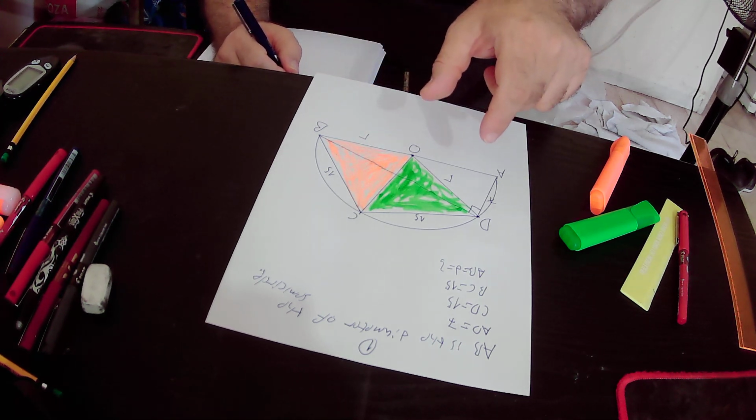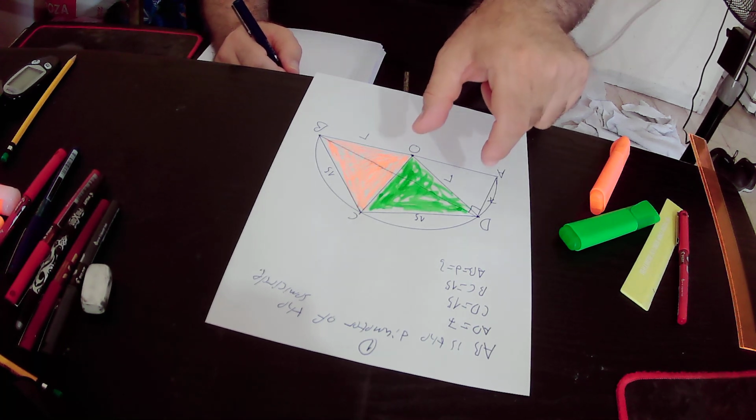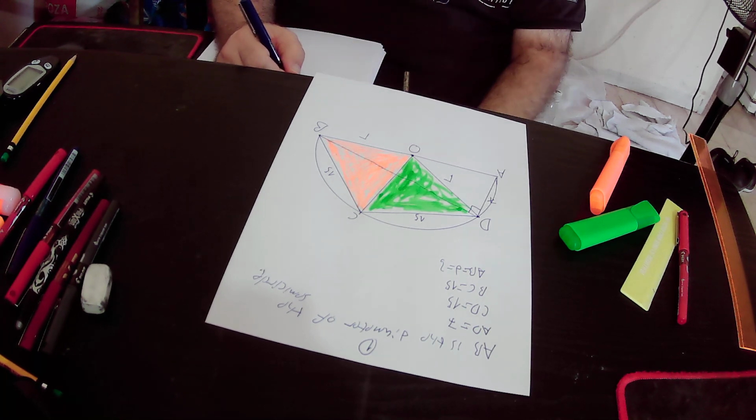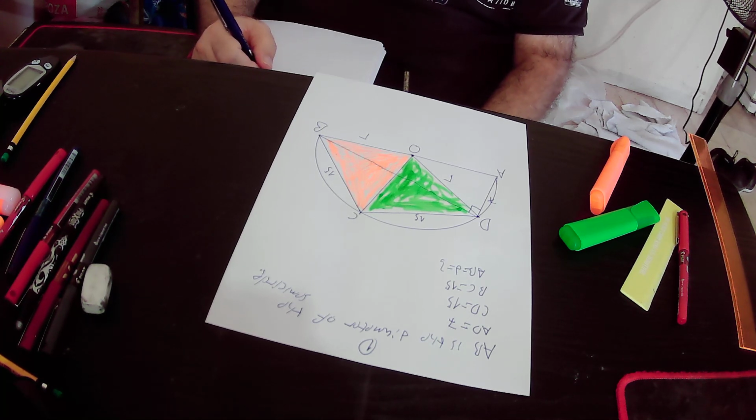Those both sides are equal to 15 units according to what is given to us in the question. So DC of the green triangle equals CB of the orange triangle. Both those two sides equal 15 units.